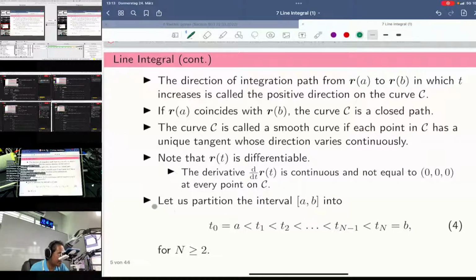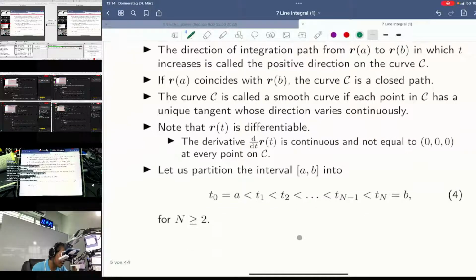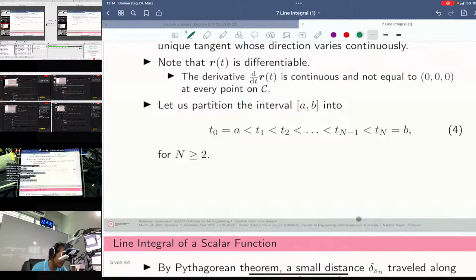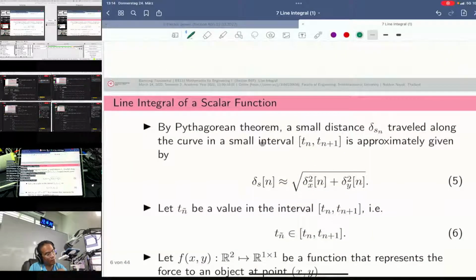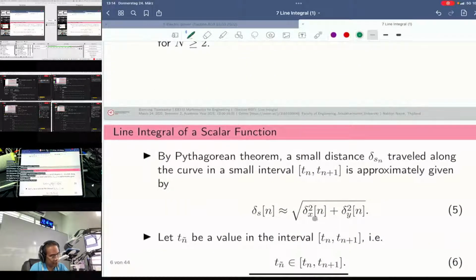If we make a partition of the interval a to b into several paths or components, with n greater than 2, we use the Pythagoras theorem. The small distance can be found from the small distance along the x-axis and the y-axis.